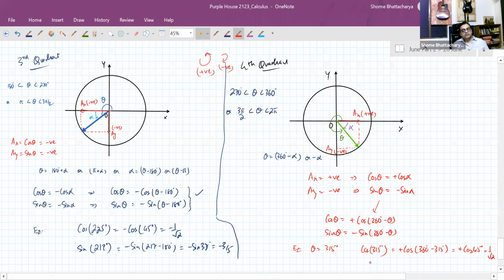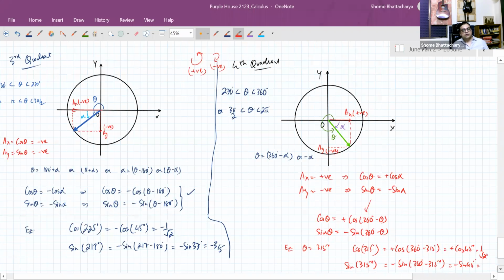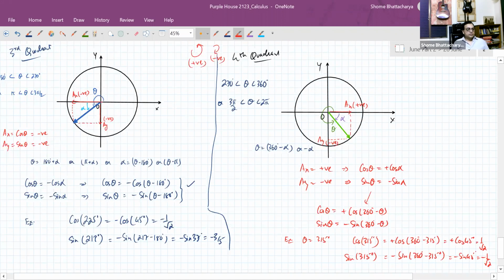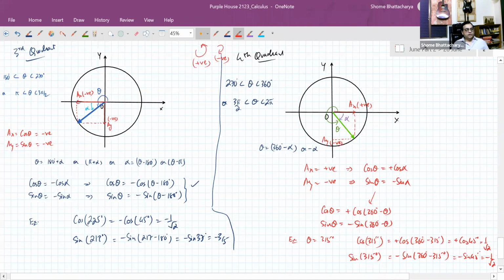But sine of 315 will become negative of sine of 360 minus 315. So that will be negative of sine 45. So that will be minus 1 by root 2. Okay, so this is how we use the same concept for sine and cos in third and fourth quadrant now.